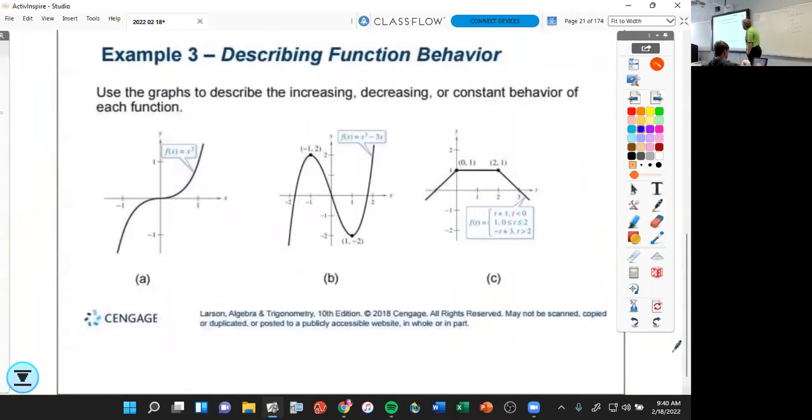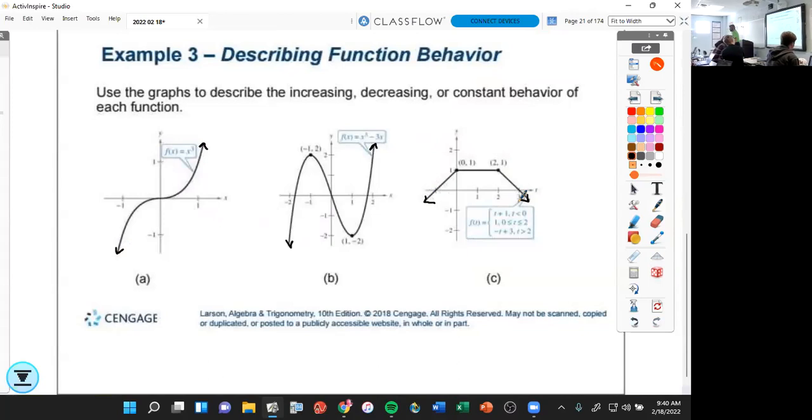Okay. Here are three graphs. We're going to talk about increasing, decreasing, constant behavior. So let's look at A. And let's assume arrows on this one. We'll just put arrows on all of them. Okay.